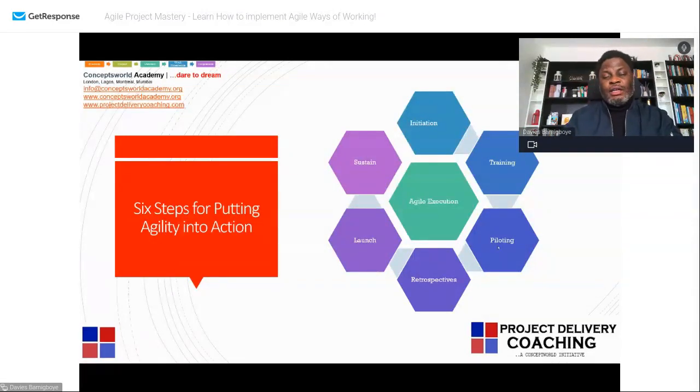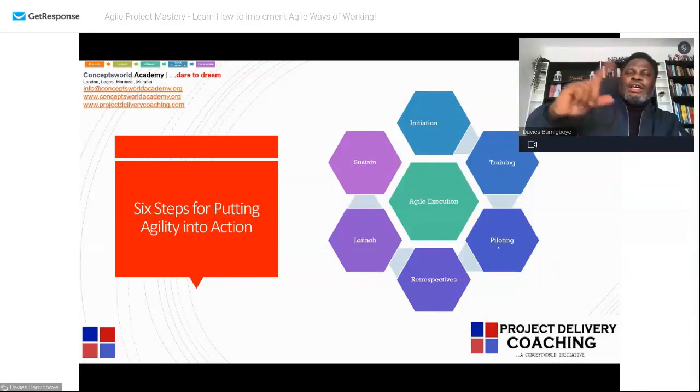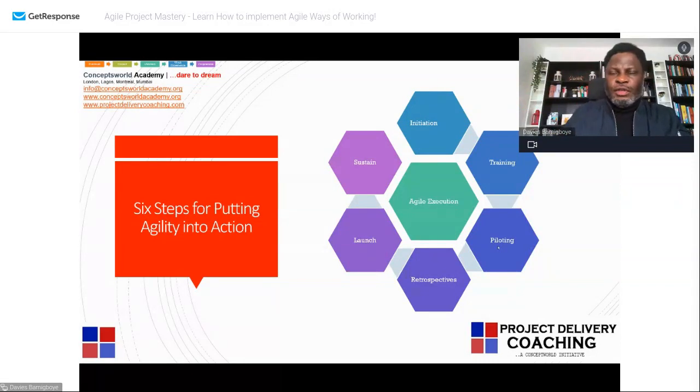And then based on that feedback, we start to consider how to launch this to other projects across the company. All right. And then the other part is about sustaining, making sure that you are building on the successes of what you have launched. So the more you move from one project or one department, you move what you've achieved in this department into HR, into operations, into support as well.